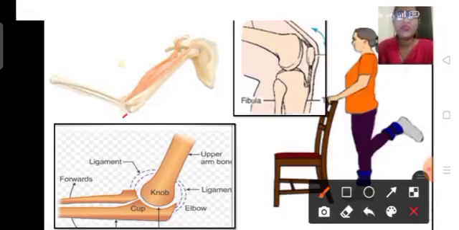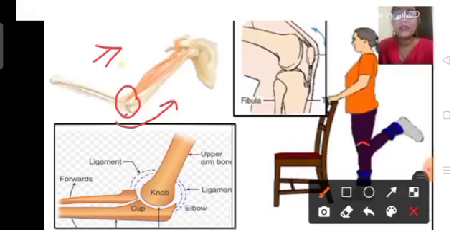Due to the hinge joint present in your elbow, you can move your bone only in the upward direction. Can you move your elbow from this point in this direction? No, you cannot do this because a hinge joint allows movement only in one direction.